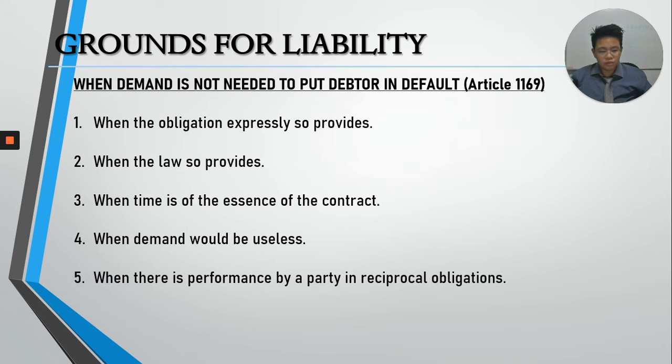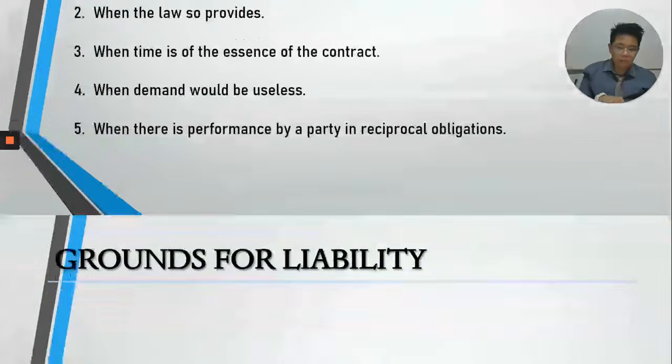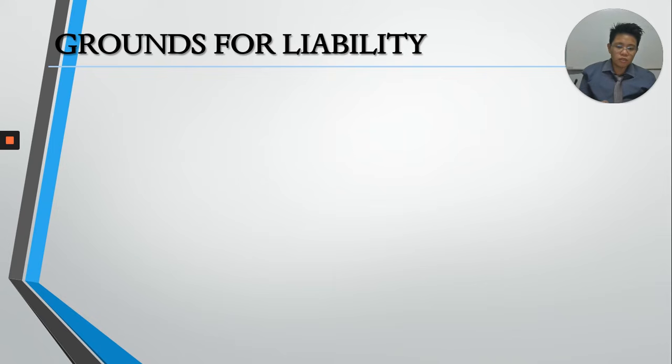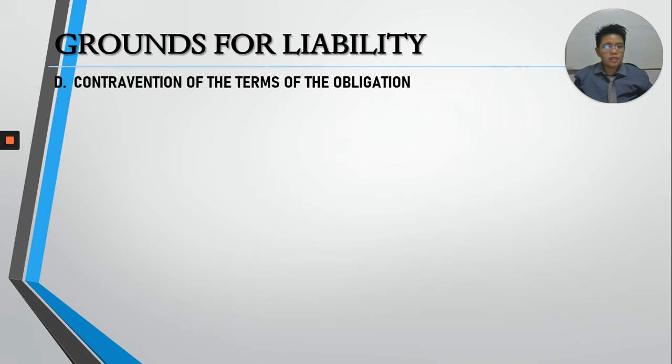So, let us remember that when it comes to instances when demand is not needed to put the debtor in default. So the last ground for liability is contravention of the terms of the agreement. So ano na to?